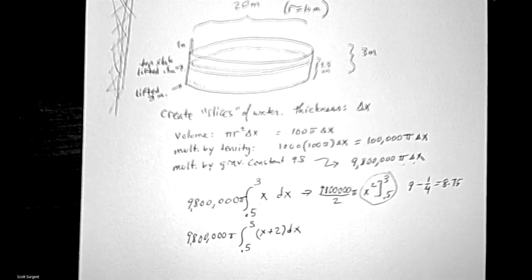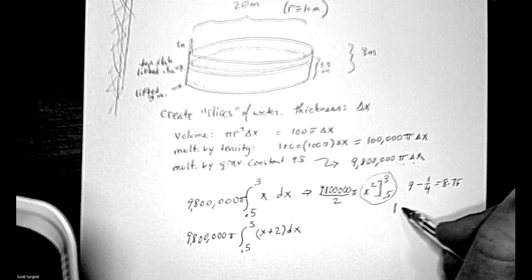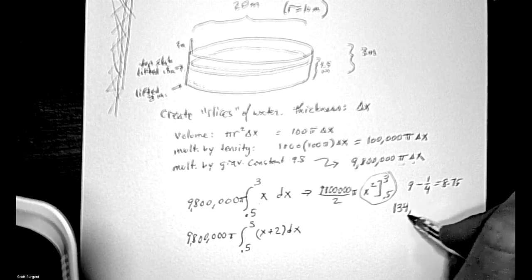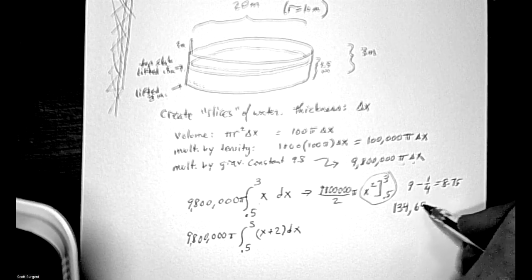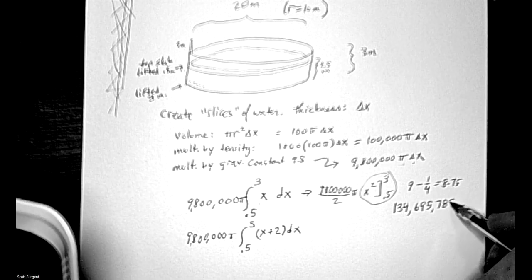So then you're going to get a big number: 9,800,000 times pi divided by 2, and then all that times 8.75. And I get, oh wow, 134,695,785.